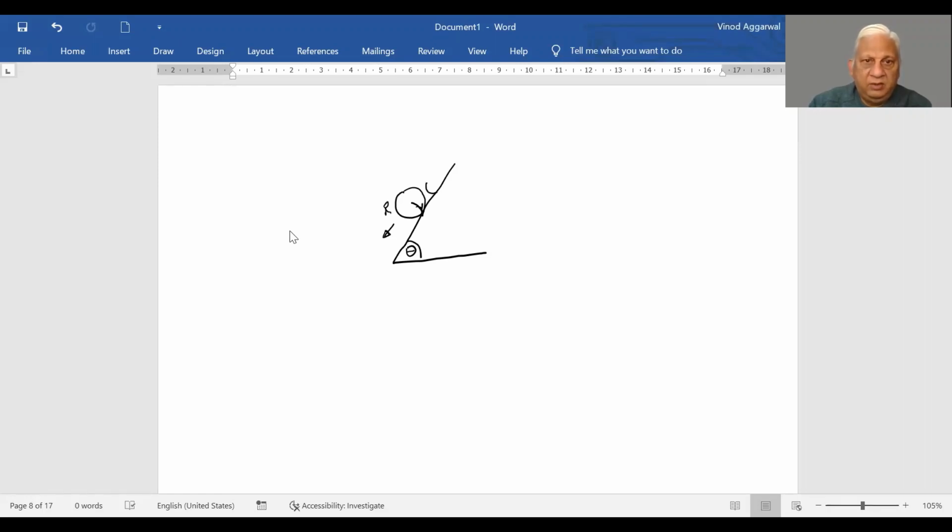Now what are the forces acting on this? The force acting on this is mg. Yes. There's another force acting in this direction, which is the frictional force. Okay. Then there's a force which is acting perpendicular to this, called the normal force.